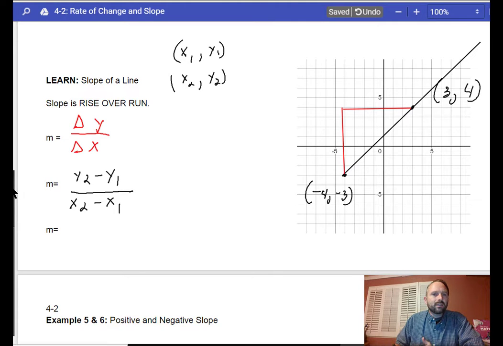So we could literally just count up, -3 to 3. We'd be like, okay, -2, -1, 0, 1, 2, 3. Or we just figure out, you're at -3 and you go to 3. What difference is that? It's going to be 6. And you're at -4 and you're going to go to 4. What's that?